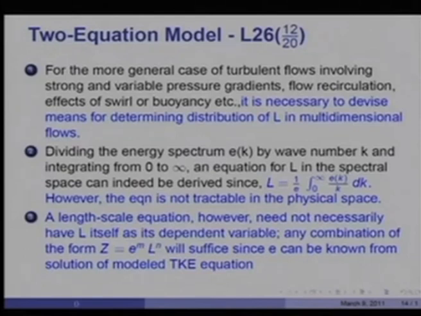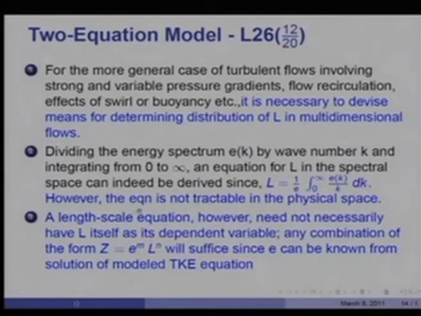So, recall the energy spectrum E k in wave number space with wave number k, and if we divide this E k by k and integrate from 0 to infinity, an equation for L in the spectral space can indeed be derived, since L is equal to 1 over E, integral 0 to infinity E k by k dk.